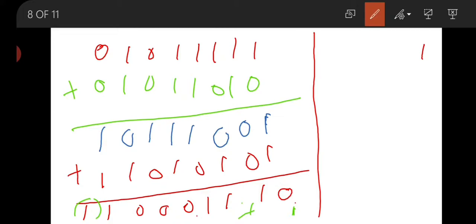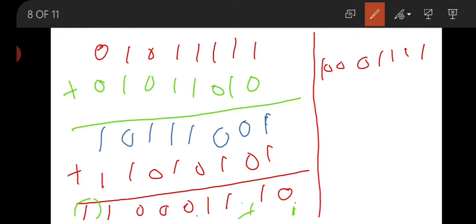This will be 3 times 1, 4 times 0, and 1. This is your final sum: 1, triple 0, 4 times 1.